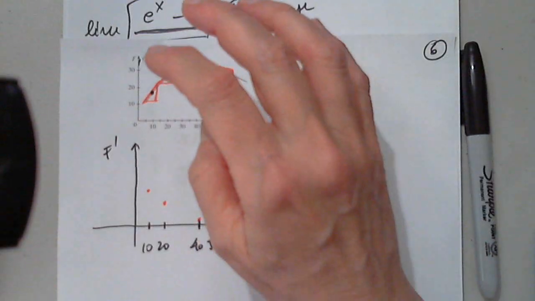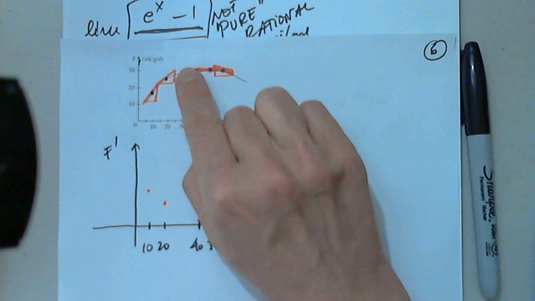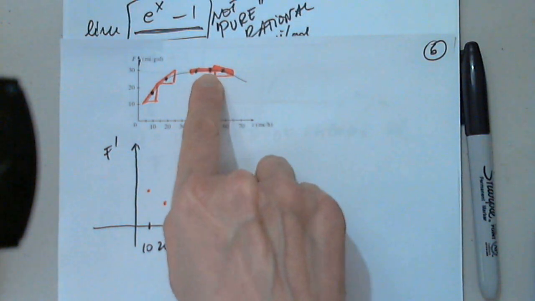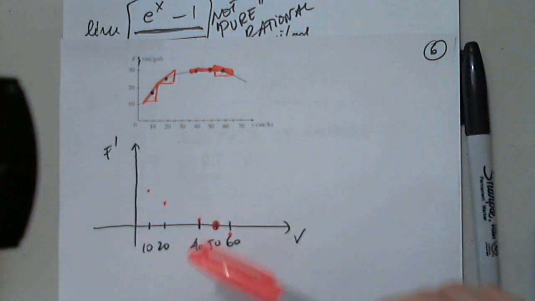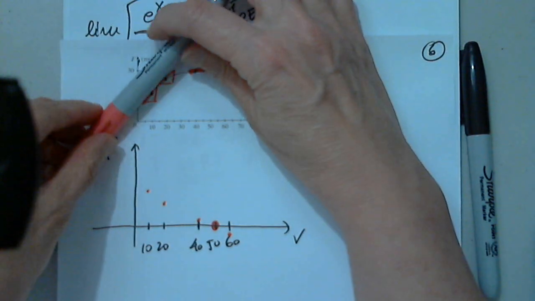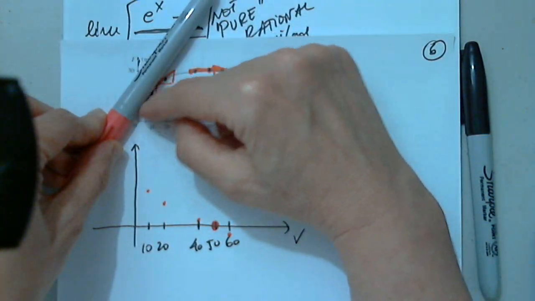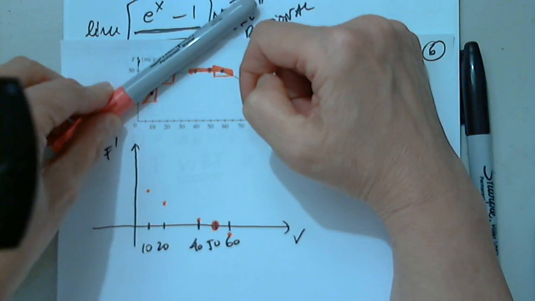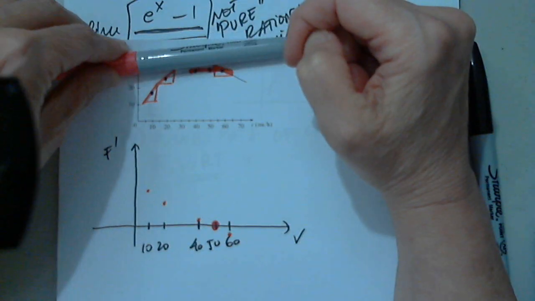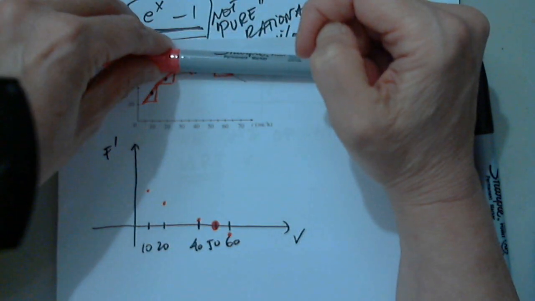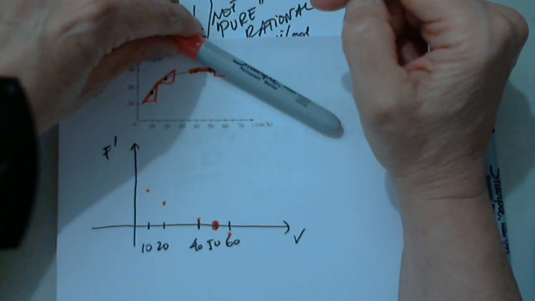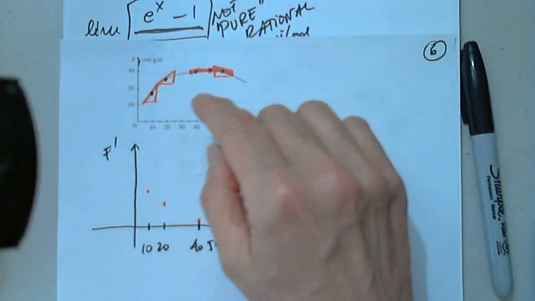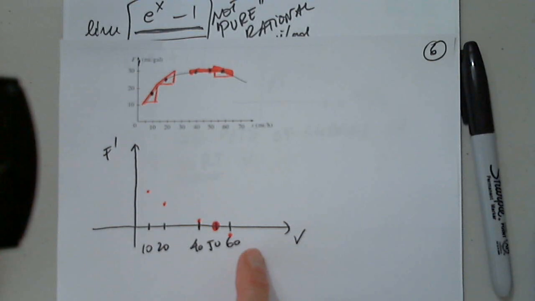So notice that the rate of change is positive till it's 0, and then it's negative. One more time, the slope of the tangent here, then here, then here, then here where it's 0, and then negative. These are the numbers that I will plot, exactly how you see it here.